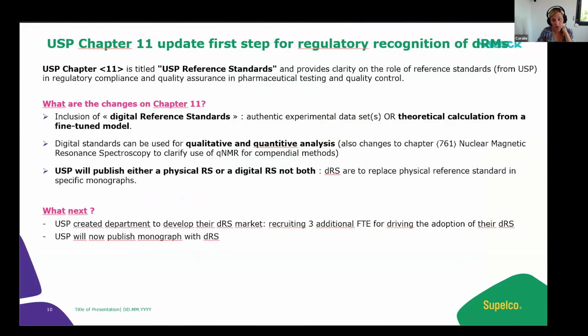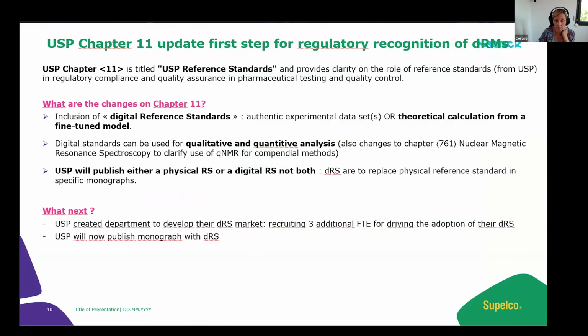Now you may think that this is nice, but more for the future, to have this in a more regulated environment. But I think this is actually coming sooner than we think. And let me go back to the presentation. Actually, in the world of NMR, USP made the first step into getting digital reference material recognized as an official standard.